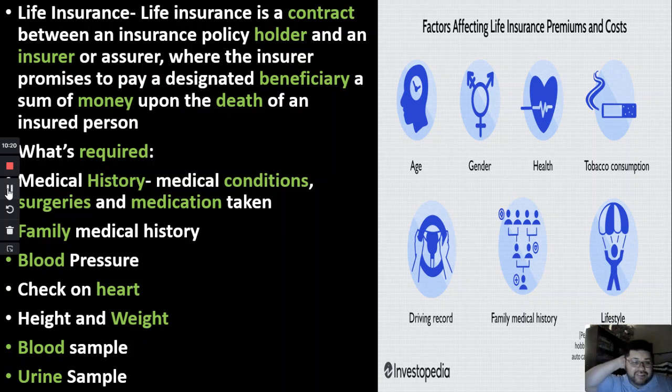And some of these questions can be a little personal. If you decide, well, I'm not going to tell them that, it just looks bad against you. Your premiums, your payment per month, are just going to be really high, because they're going to assume the worst.